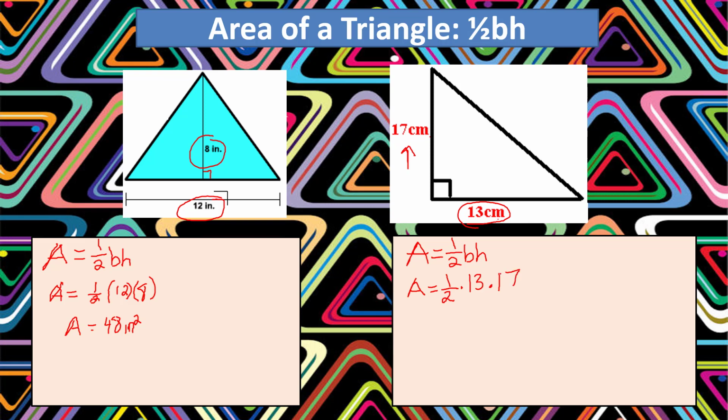Now, these are not numbers that most of us can do simply in our heads, so we want to multiply 13 times 17, and that ends up with 221. So the area is equal to 221 in my numerator, 2 times 1 times 1 in my denominator. So the area is equal to 221 over 2.